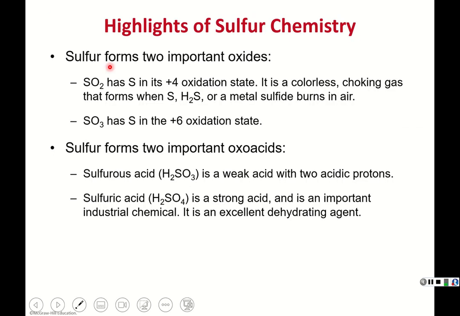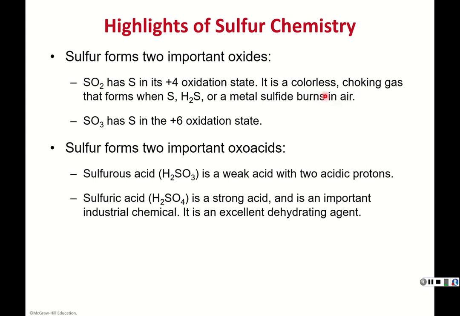Sulfur forms two important oxides. SO2: sulfur is in the +4 oxidation state. It's colorless. It produces a choking gas when sulfur, or H2S, or a metal sulfide burns in the air.